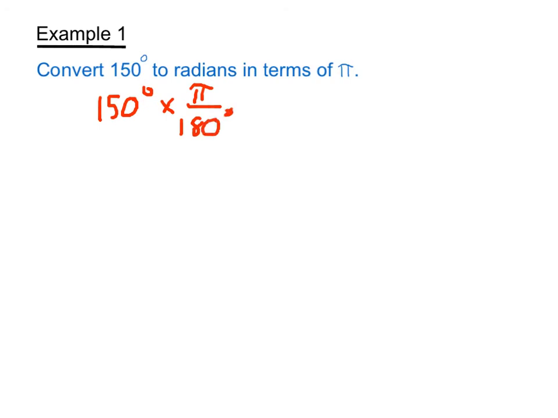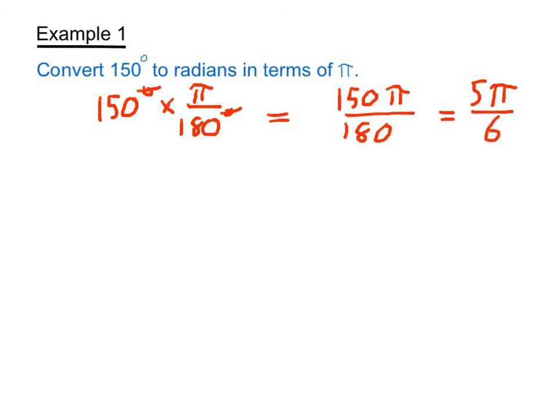We know that pi and 180 are equal, so really I'm multiplying by 1 here. Notice that the degrees will cancel out, and I'm left with 150 times pi over 180. With a little simplification, we see that this is equal to 5 pi divided by 6. So 150 degrees is equal to 5 pi over 6 radians, or 5/6 pi.